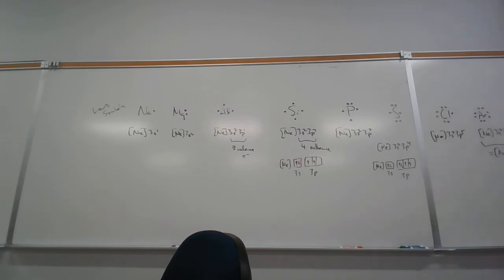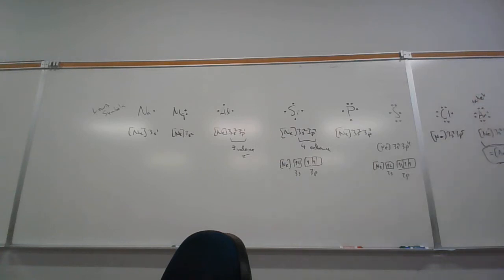So the third shell's filled. Is there a way we should put it? You should put it argon. This is the preferred method. So argon's why we have an octet.